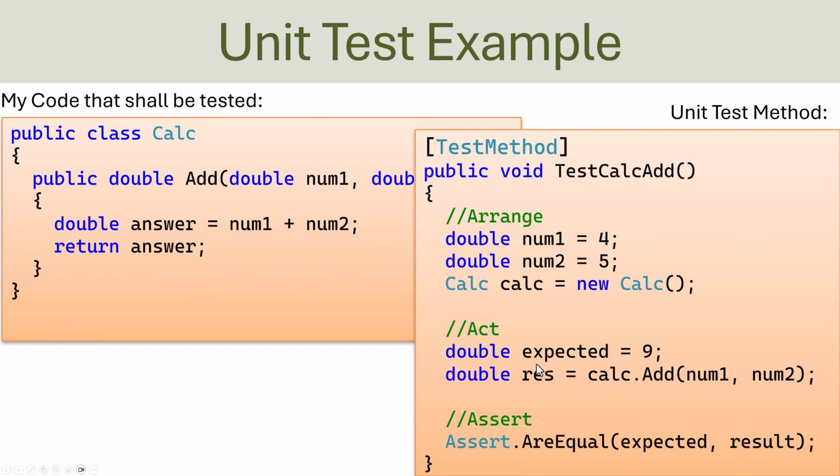And then we just run our Add method that we have created here, and if the result from this method is equal to 9 in this case, the unit test will pass, and if the output of this unit test is something else than the expected value, the unit test will fail.